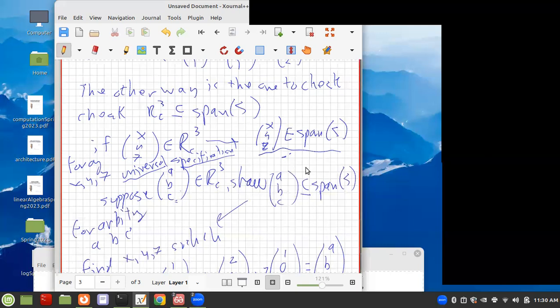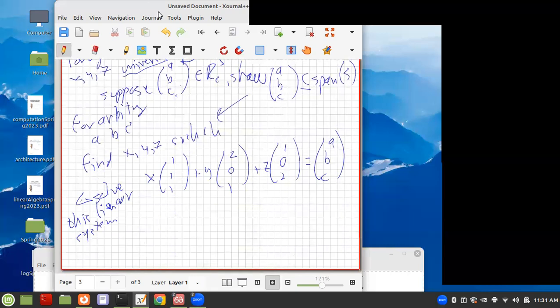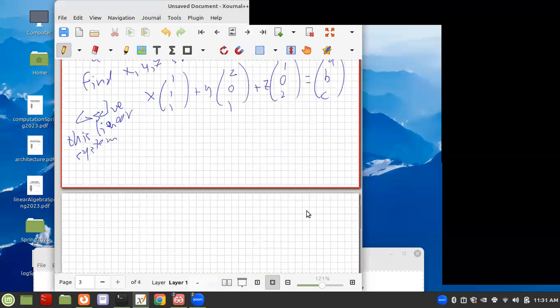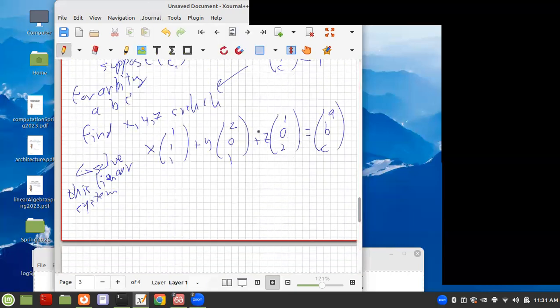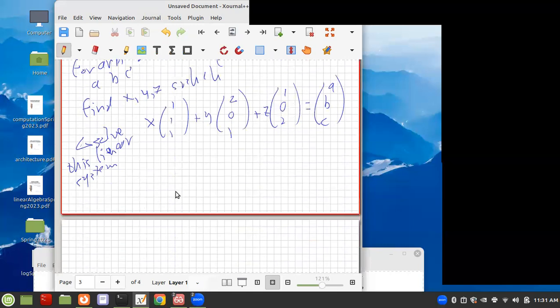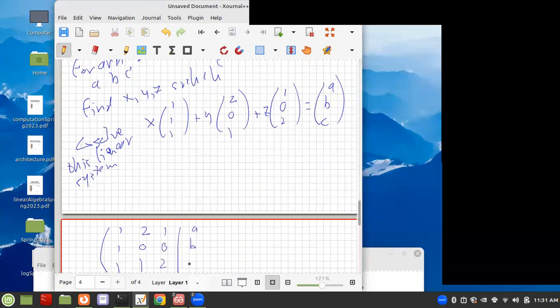But okay, so from this form, we can immediately write down the augmented matrix of this linear system, which is 1, 1, 1, 2, 0, 1, 1, 0, 2, A, B, C. Okay?